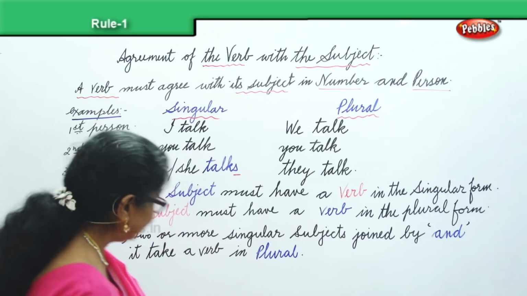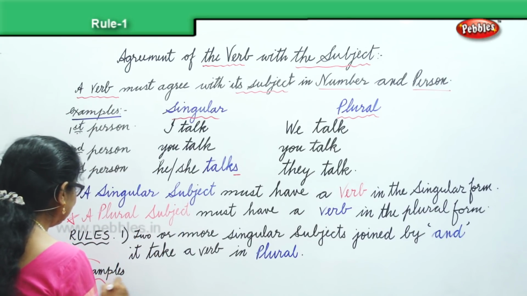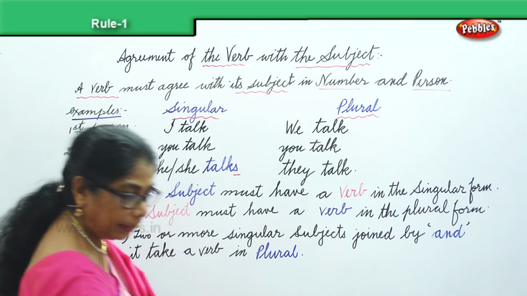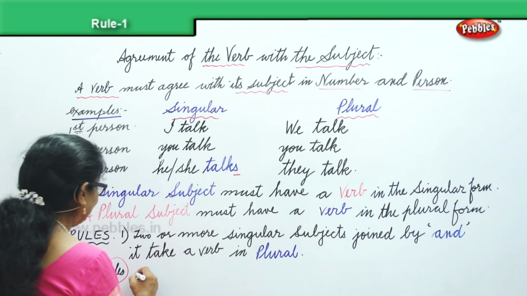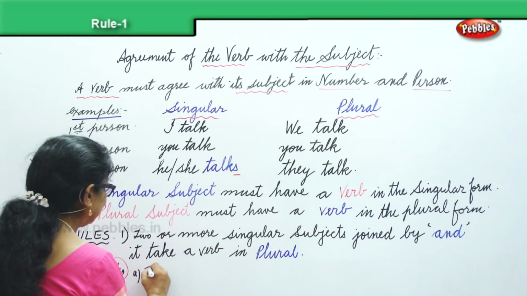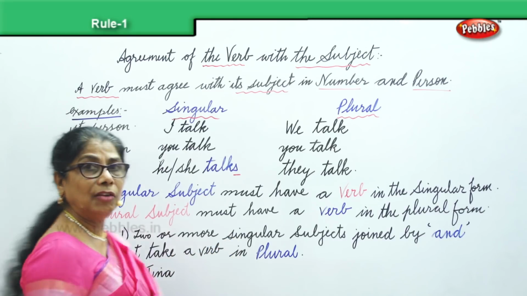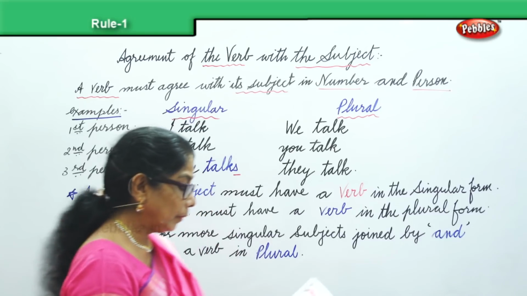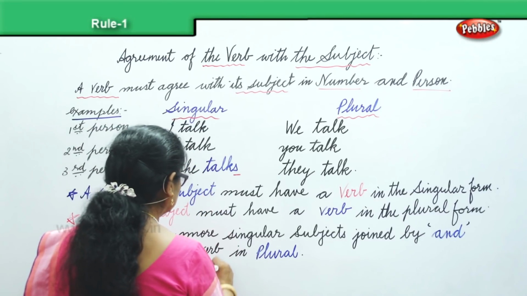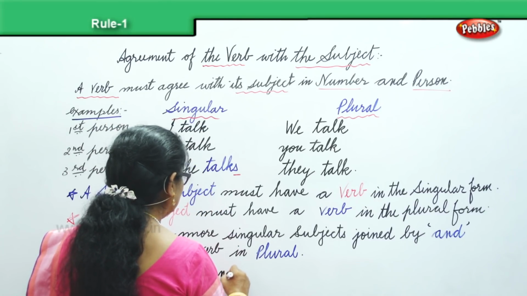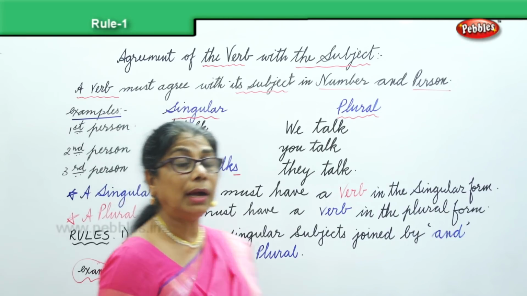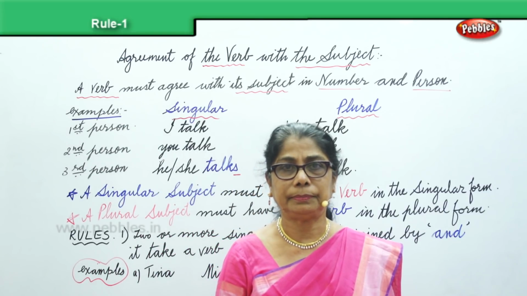Let's look at the examples, two examples we have in this. The first one is Tina and Meena. Tina is a singular subject, and Meena. Both are singular subjects.